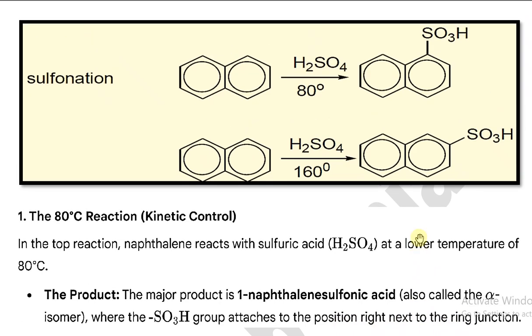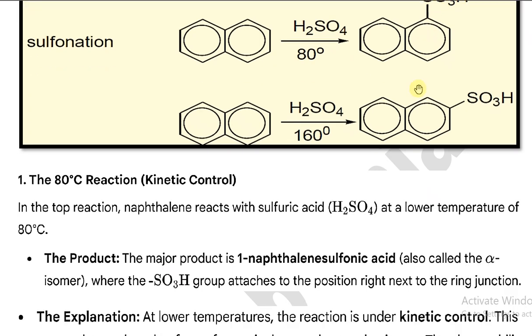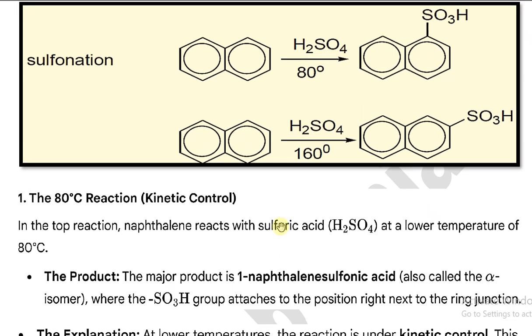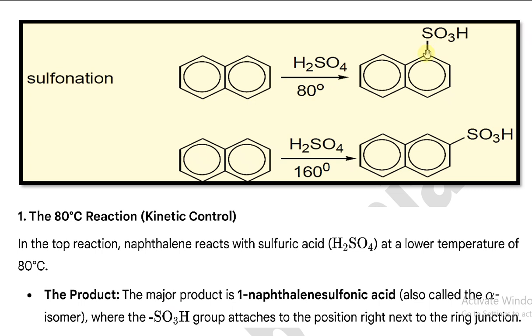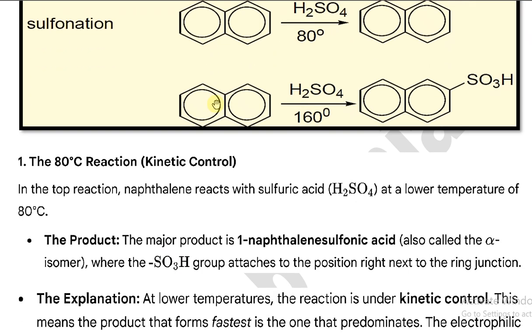Here we have two possible isomers. One of them is when the SO3H comes to here, the second when the SO3H comes to here, or here, or here.